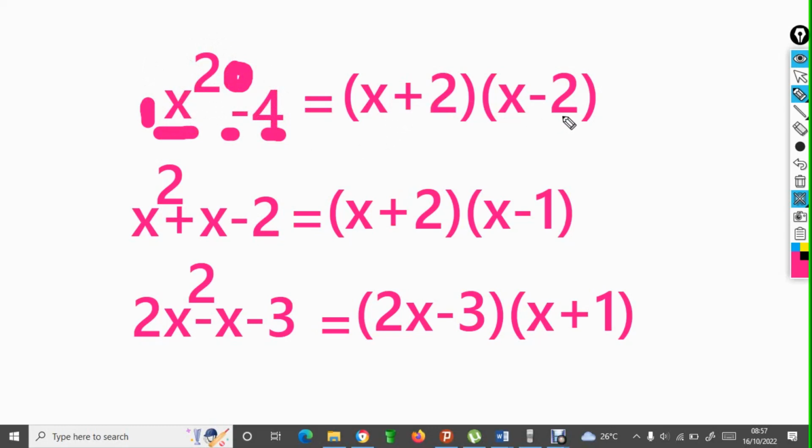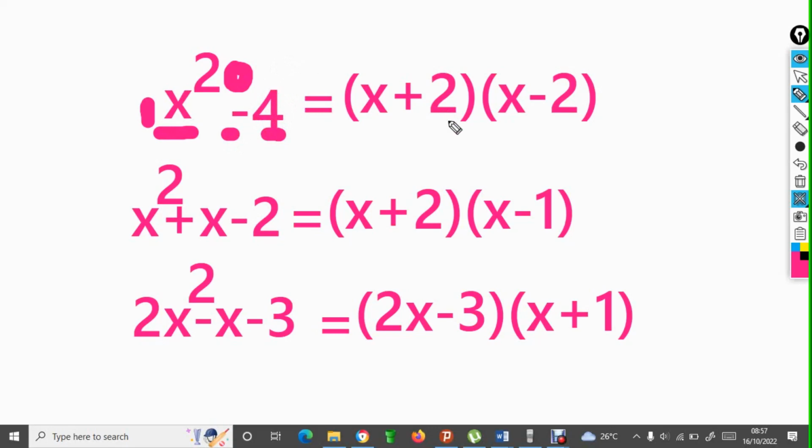The coefficient of x squared in this case is 1. The coefficient of x, because it does not exist, is 0. And the constant term is 4 as it is in existence.